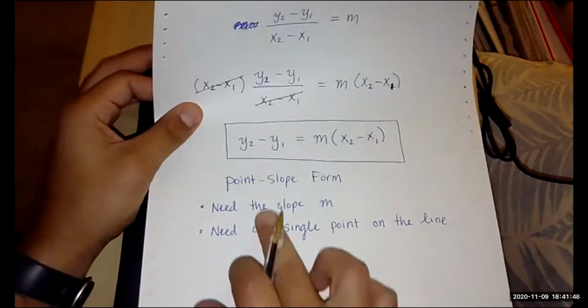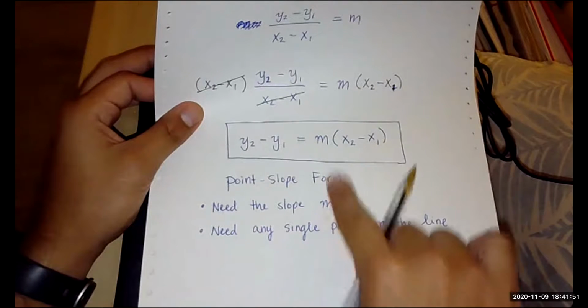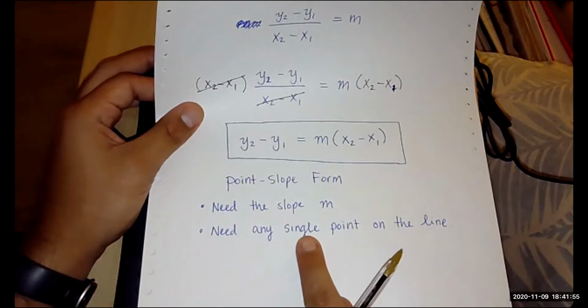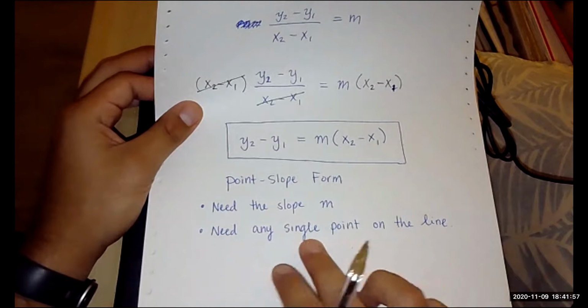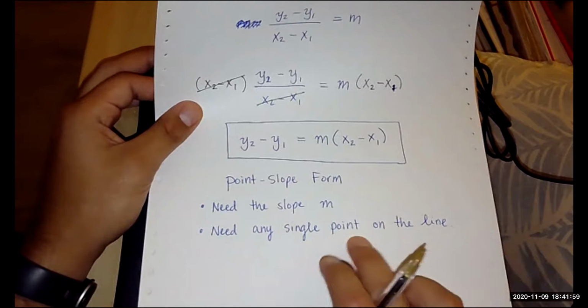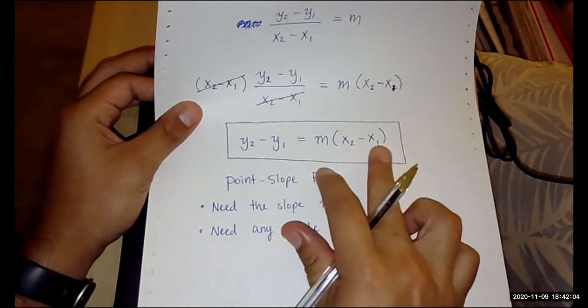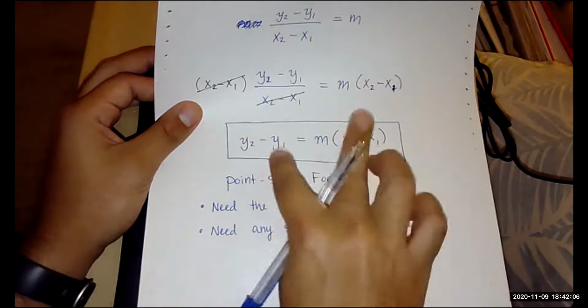So if we plug that information in, if we plug in m, and then we plug in any single point that the line passes through or that falls on the line, we can plug that into the equation for x1 and y1.